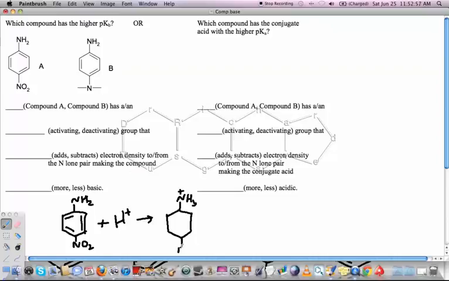Alright, so now the H plus will go on to the nitrogen from the amine group. And we know we got the H plus on this side because we're talking about basicity, and we know it's basicity because it's pKb.